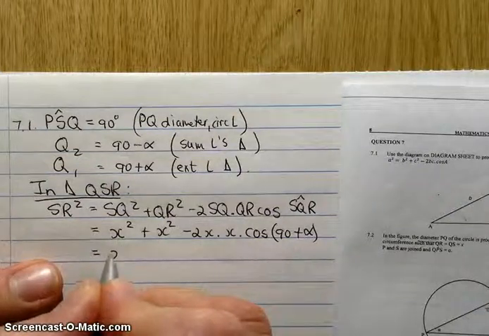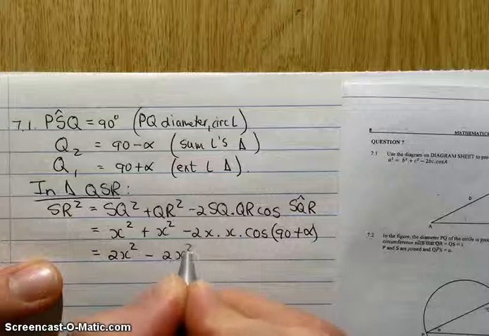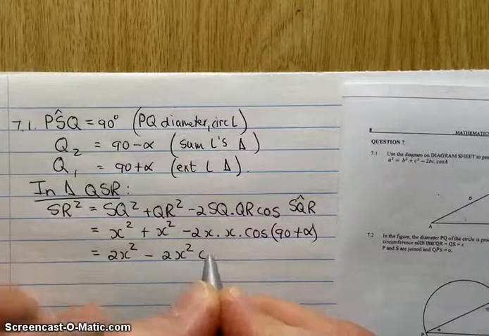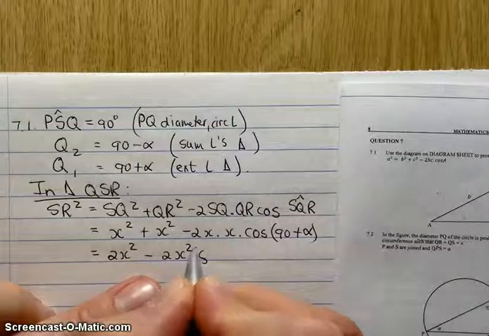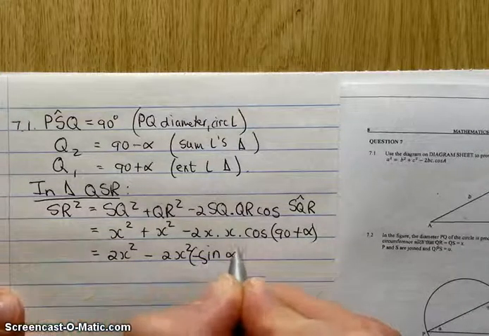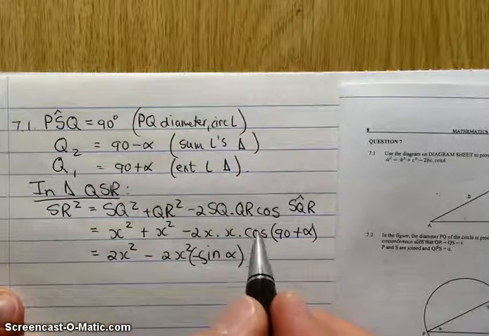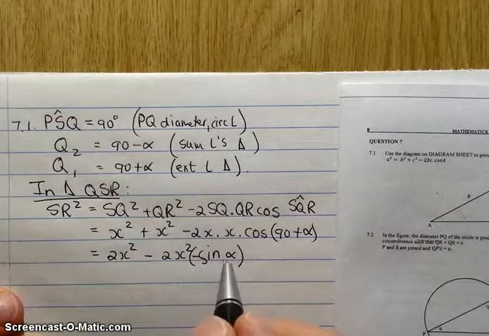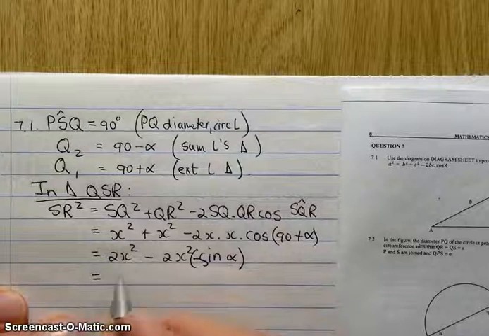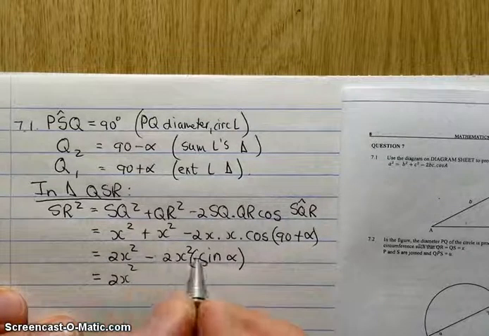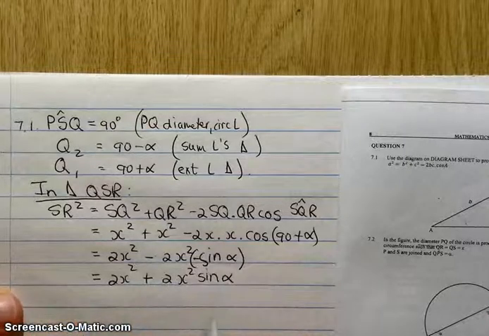It is 2x squared minus 2x squared cos of 90 plus alpha, which is the same as minus sine of alpha, because cos of 90 plus alpha brings us to the second quadrant, and cos is negative in the second quadrant, so it must be minus sine alpha. That can be simplified to 2x squared, and minus times a minus is a plus, 2x squared sine alpha.